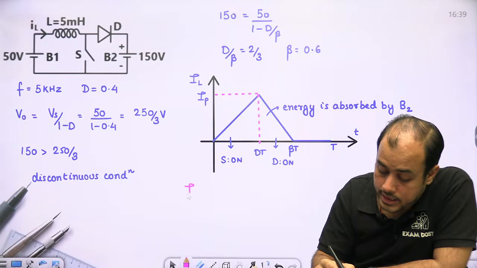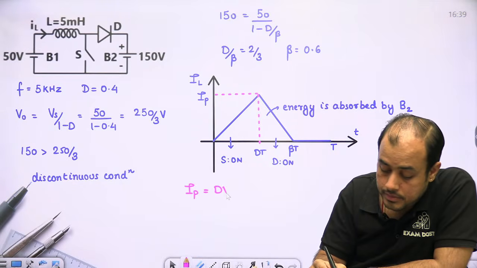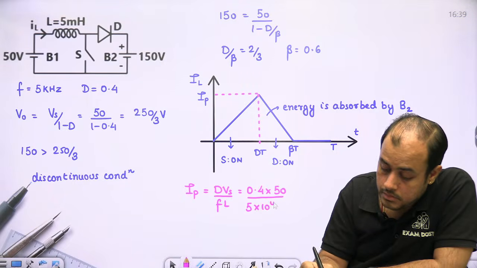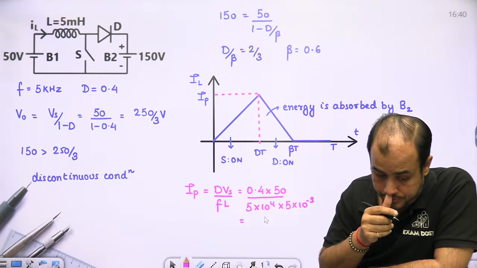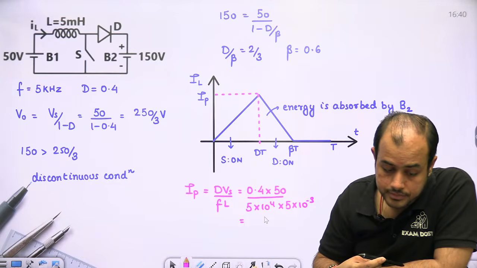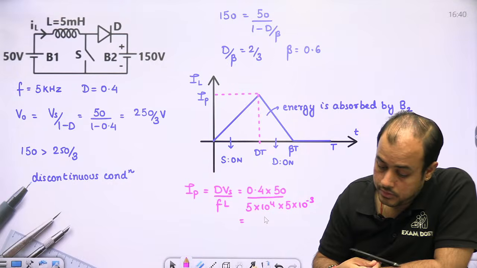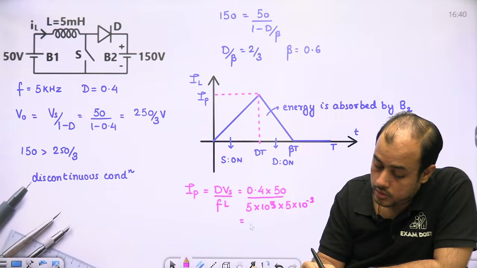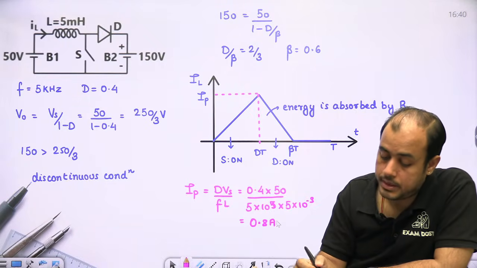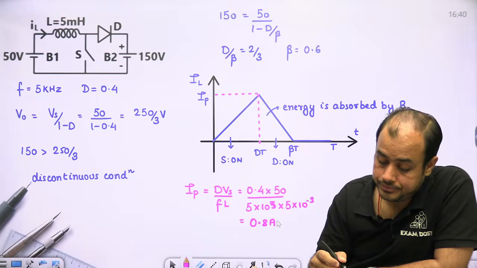The peak current is same as the ripple. Vs by FL, 5 maybe to 0.8 ampere.